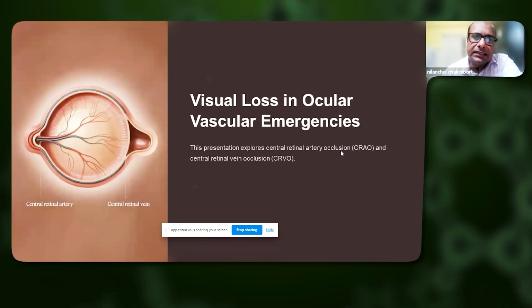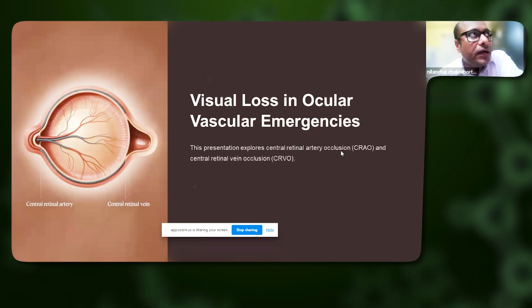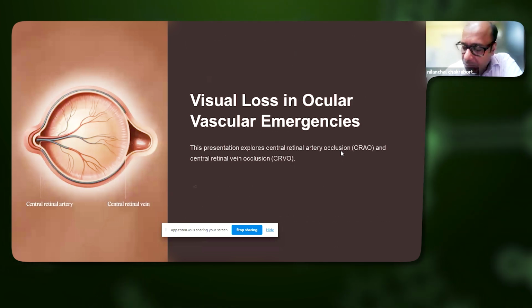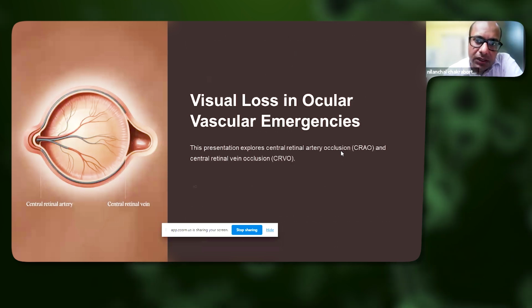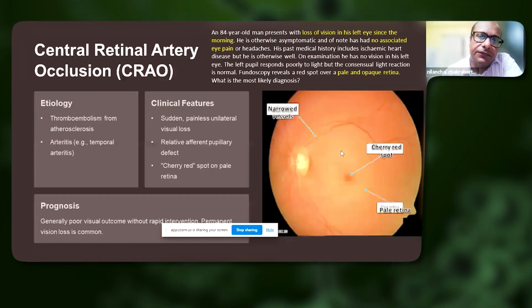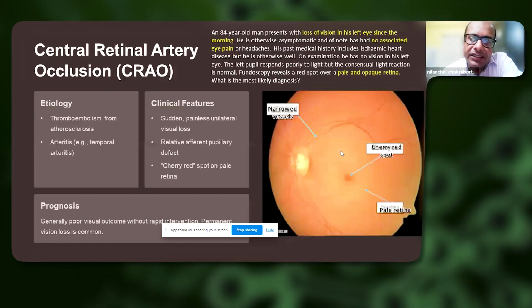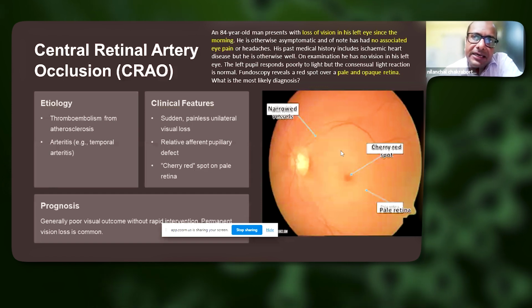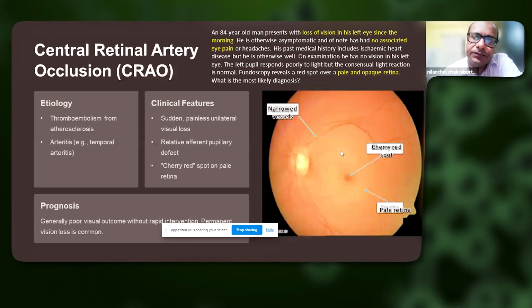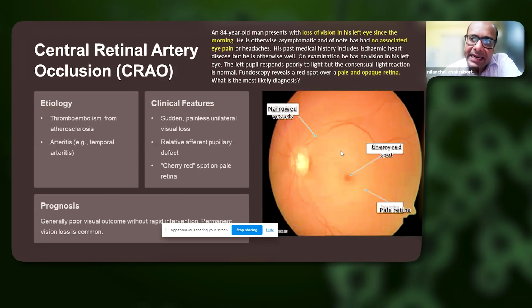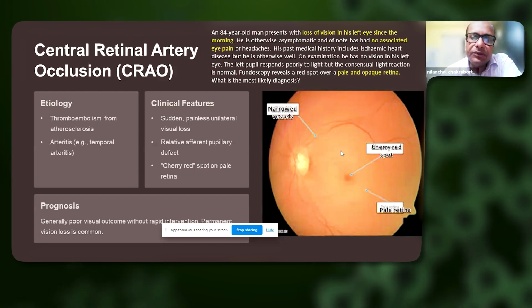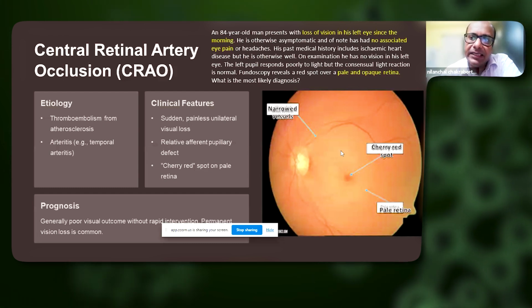Other than that, we'll discuss the most high yield topics in ophthalmology in MRCP that we discussed last time, especially the vascular emergencies. If the features are suggestive of atherosclerotic disease, in an elderly, diabetic, hypertensive patient with sudden, painless loss of vision, and the ophthalmological feature shows a pale opaque retina, that means reduced blood supply to part of the retina.